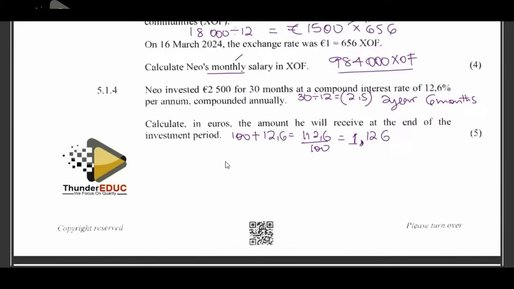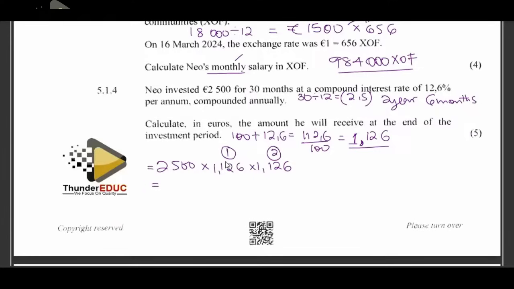Since it's 2 years, we shall take the money the person invested and multiply with our increment twice. Remember, it's compounded. The first one represents the first year, this is the second. Where do we get the 2 years? From the 30 months. We take 2, and so complete 2 years. How much will it be?